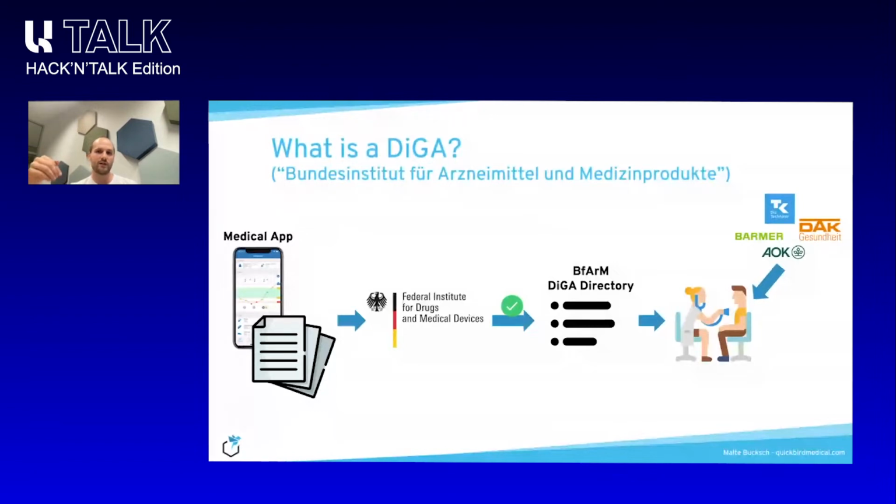Your software can get reimbursed by all the big insurances, and a doctor can prescribe it to a patient with a certain diagnosis. So you don't need to approach individual insurances. You get direct access to all of them as long as you fulfill all of those criteria and your application goes through. And that's a pretty new thing.